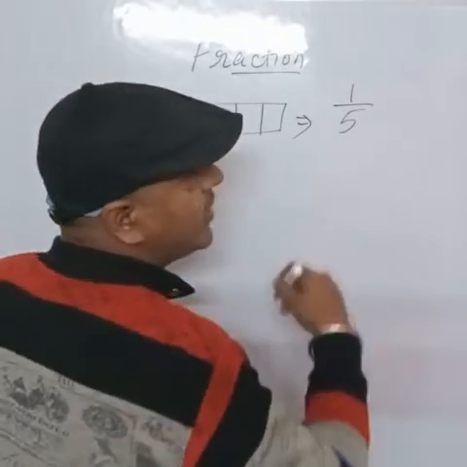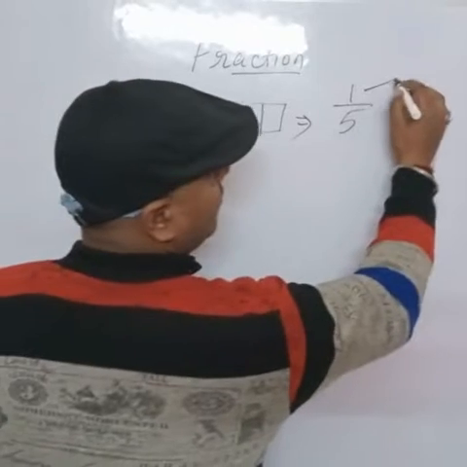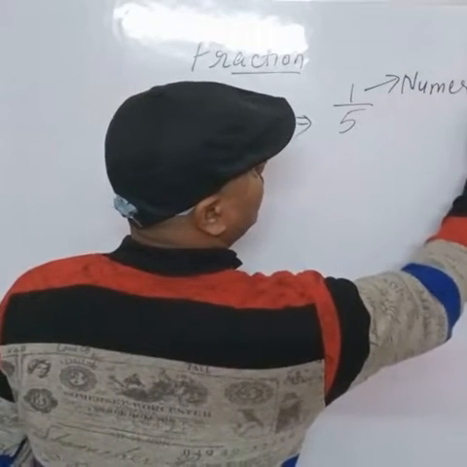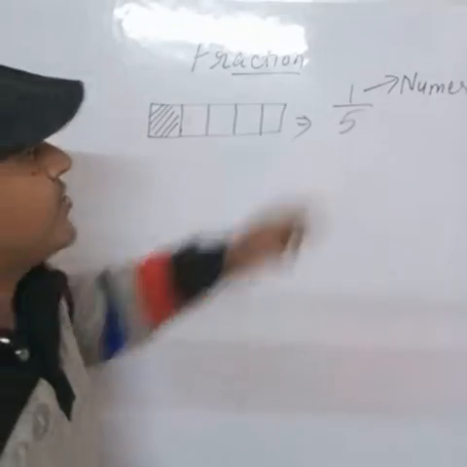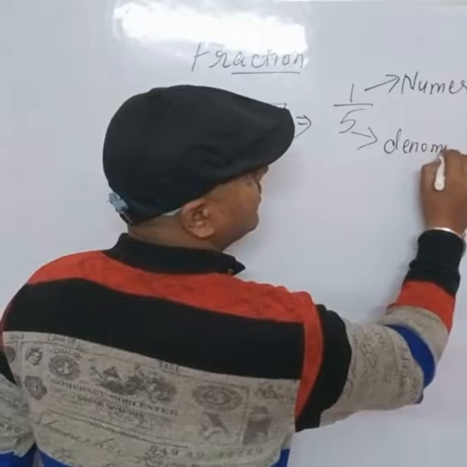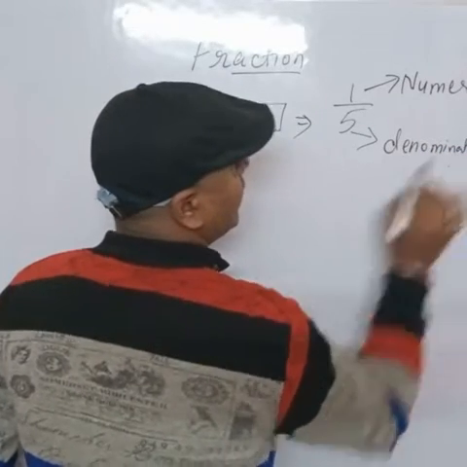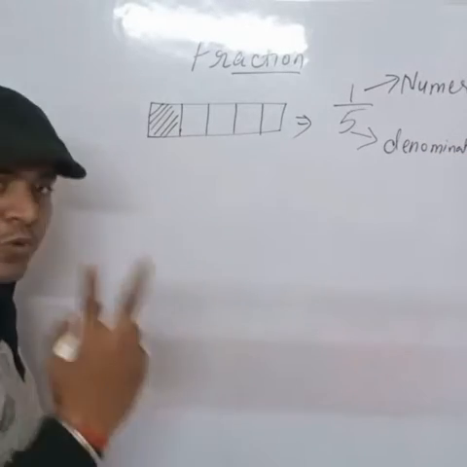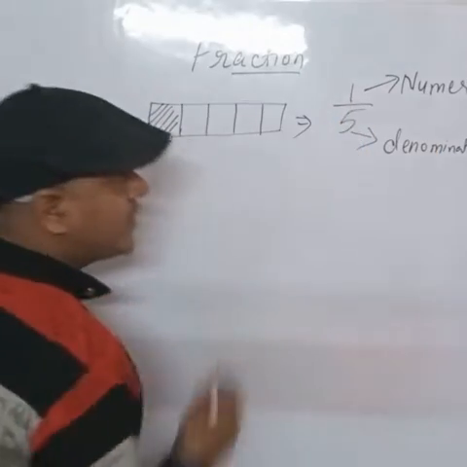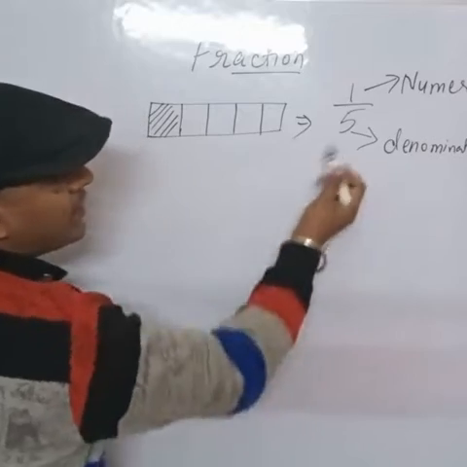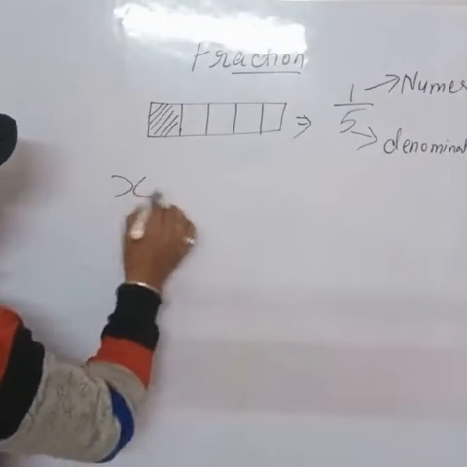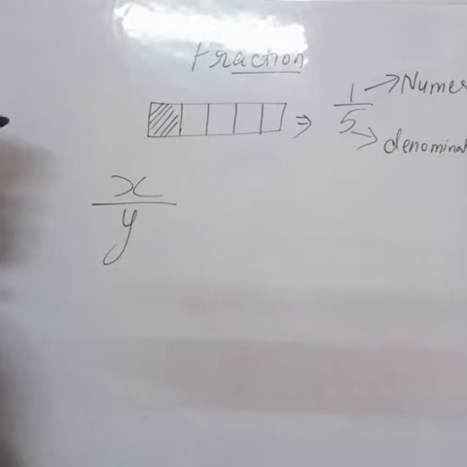And a fraction contains two things. One is the numerator and the other one is the denominator. The upper one is called numerator and the lower one is called denominator. So we can write the fraction as x upon y.